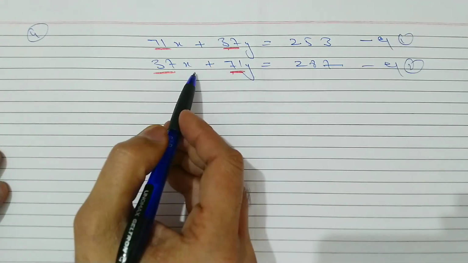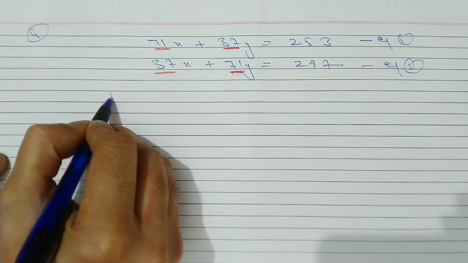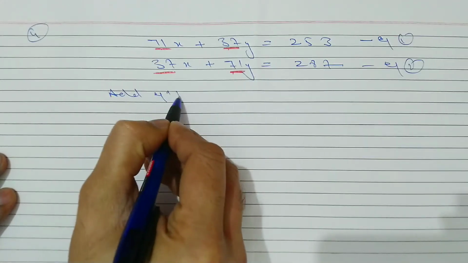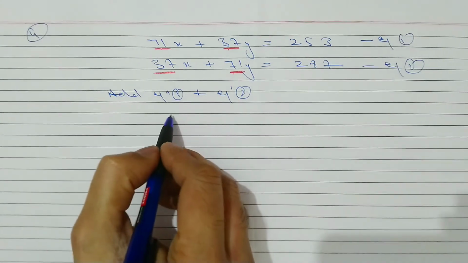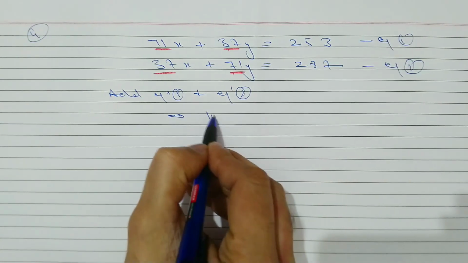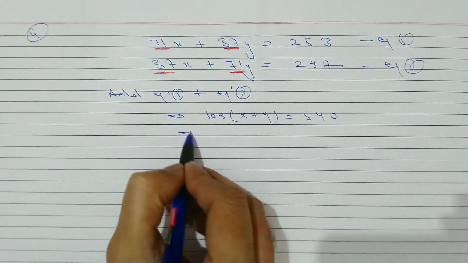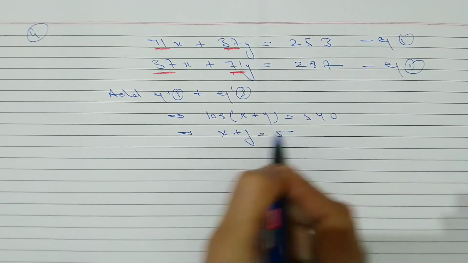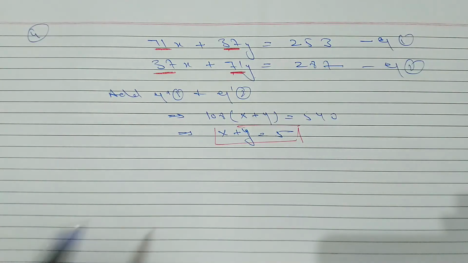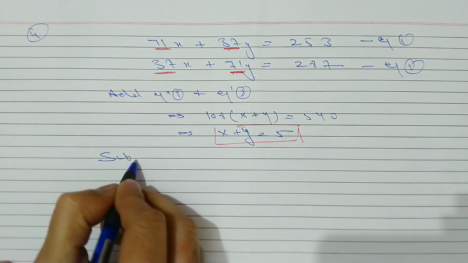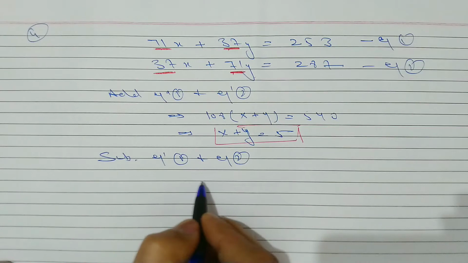Now the shortcut method to calculate the values of x and y is, first add equation number 1 and equation number 2. We get 108x plus 108y equals 540, which implies x plus y equals 5. Now subtract equation number 2 from equation number 1.